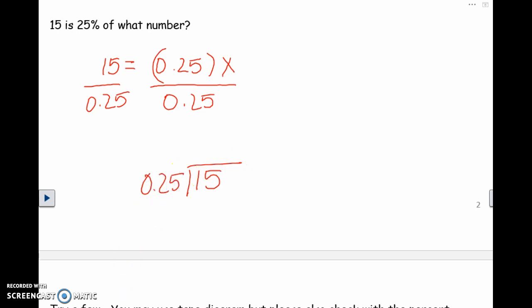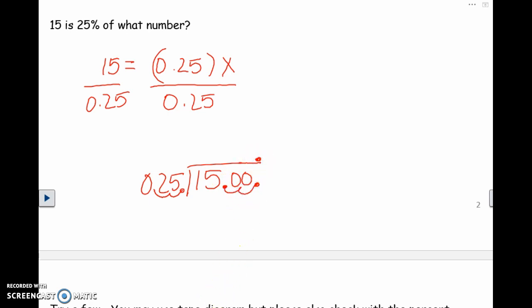Let's review long division, shall we? I have a decimal. I can't divide by a number with a decimal, so I'm moving it 2 places to the right so that I now have a whole number. When I do that, I also have to move this 2 places to the right. Inside the division brackets, there wasn't a decimal, which means it's at the end of the number. That's what makes the number whole. I'm adding 2 zeros so that I can move this 2 places to the right.